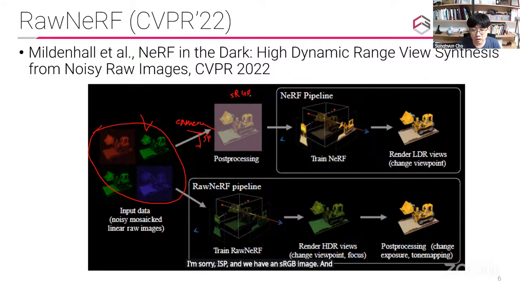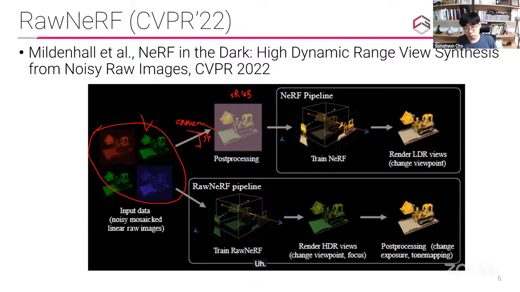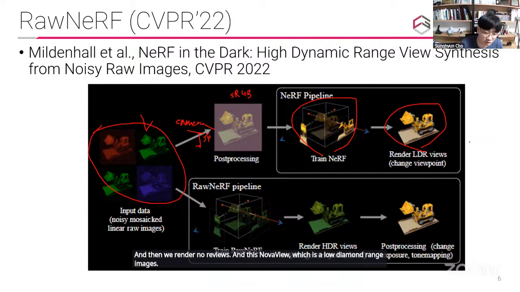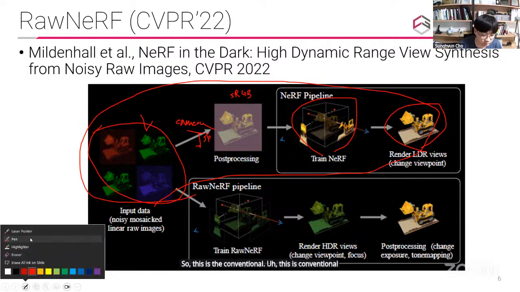And basically, when you construct the radiance field, we capture multiple images, so we have multiple sRGB images at this stage. Then using these sRGB images, which are low dynamic range images, we train NeRF, and then we render novel views. These novel view images are low dynamic range images. So this is the conventional NeRF pipeline.